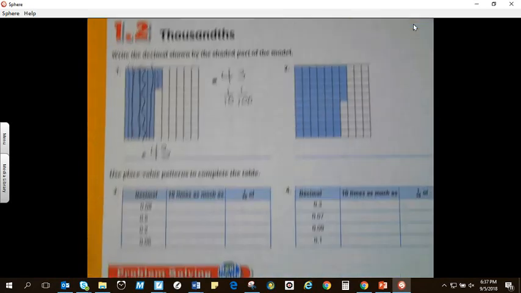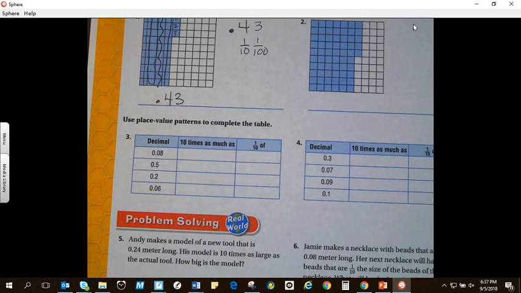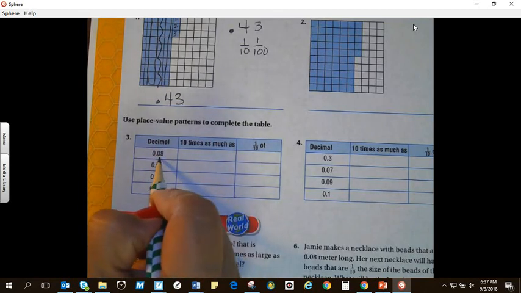Okay. Next one, on number 3, use place value patterns to complete the table. Now today, you also had your notes that you could have taken home. And we were talking about 10 times as much, and we were talking about 1/10 of. So here I have my decimal, and this represents 8 hundredths.